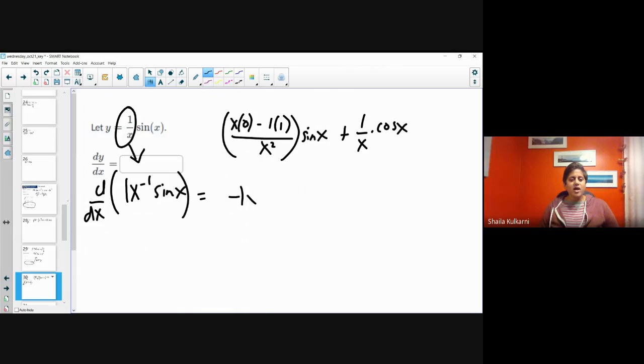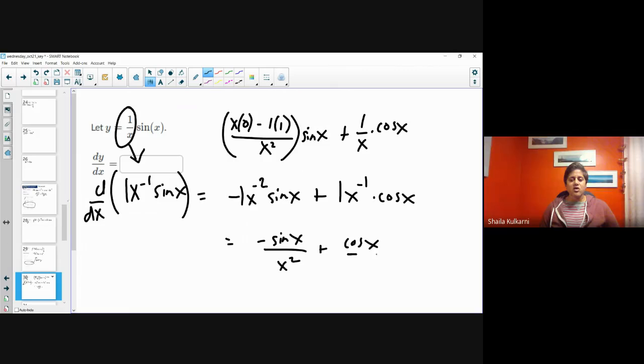I go negative 1x to the negative 2, keep the second function the same, plus keep the first function the same, take the derivative of the second function. These both mean the same thing. Both of them mean negative sine x over x squared plus cosine x over x if I didn't have negative exponents. All three completely right answers.